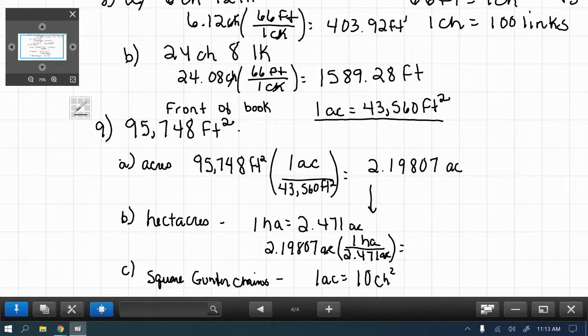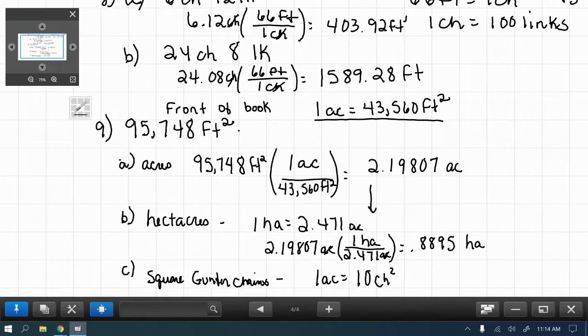What did you get for that? 0.8895. And they call that HA for hectare. So it wants it in square chains. 1 acre is 10 square chains. So we've got acres up top, right?